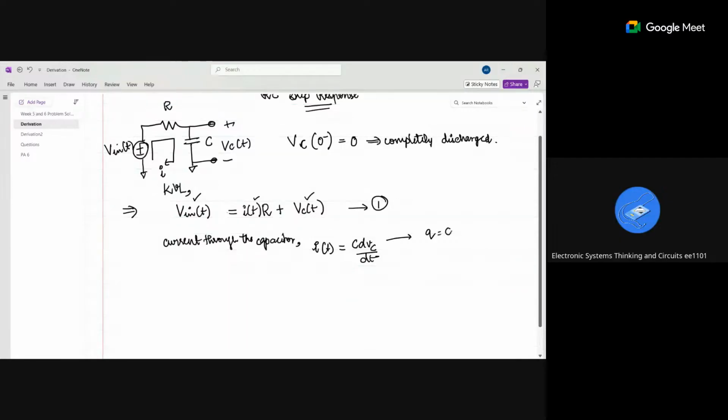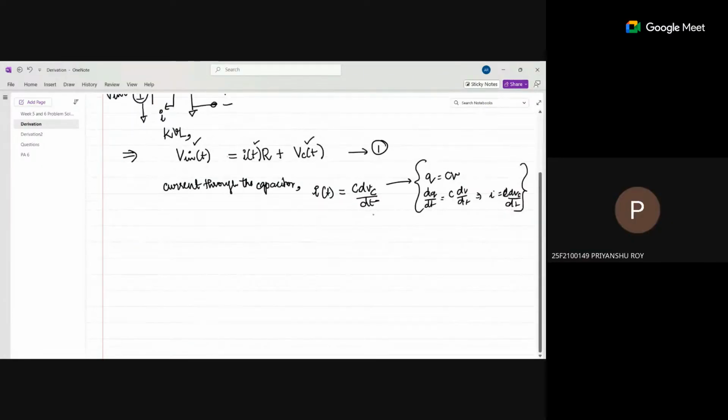Q is equal to CV. So dq by dt is C dV by dt, which gives I is equal to C dVc by dt. So we have got two equations. We will apply the second one in the first equation. So V in of t is equal to RC dVc by dt plus Vc of t, right?